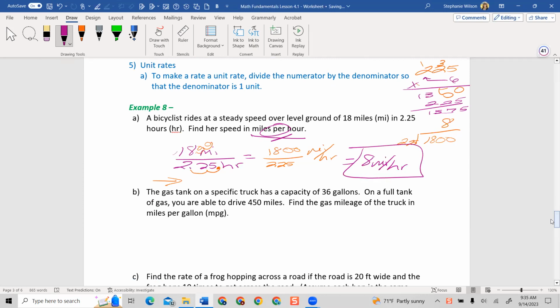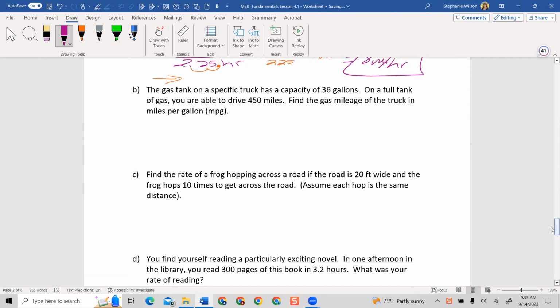Okay. So the gas tank on a specific truck has a capacity of 36 gallons. On a full tank of gas, you are able to drive 450 miles. Find the gas mileage of the truck in miles per gallon. So it's take that 450 miles divided over 36 gallons.